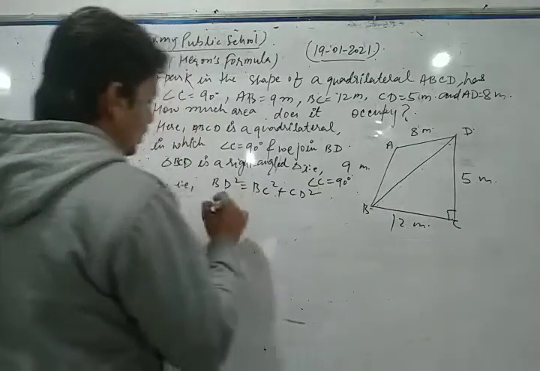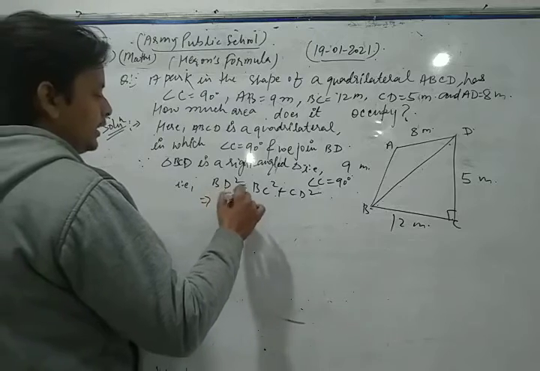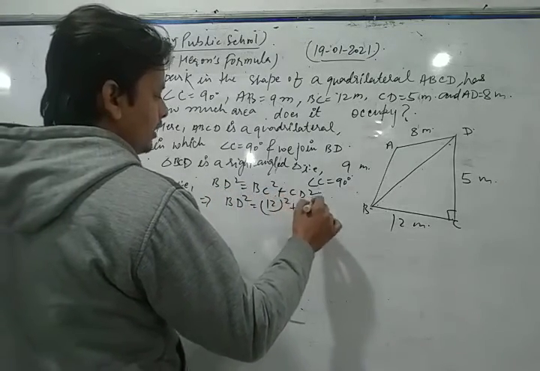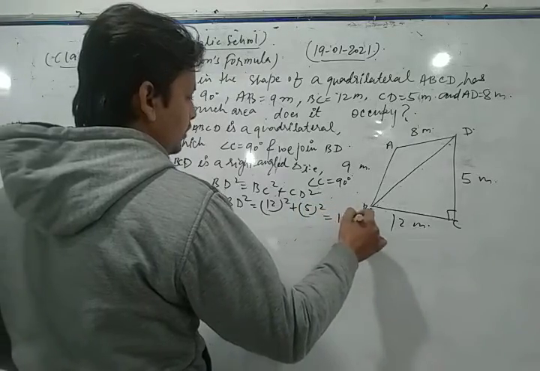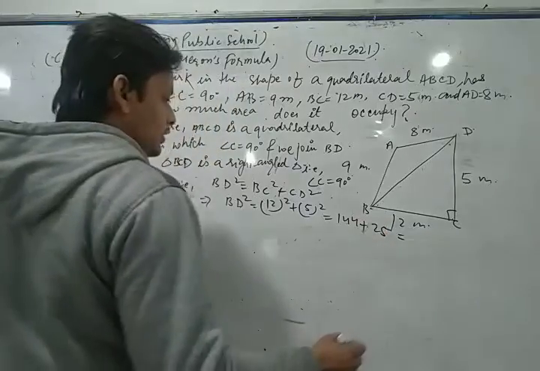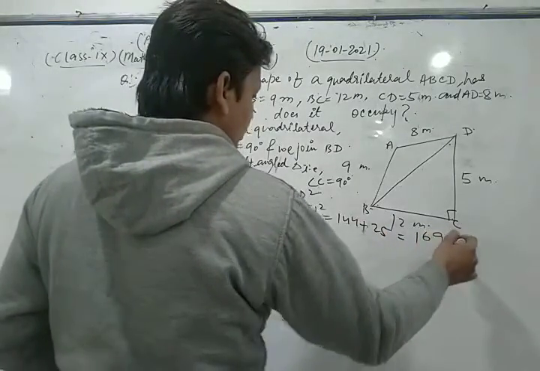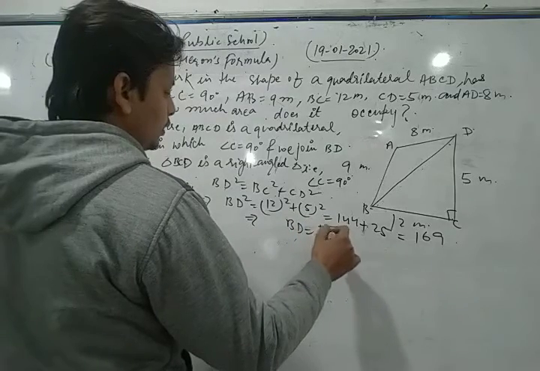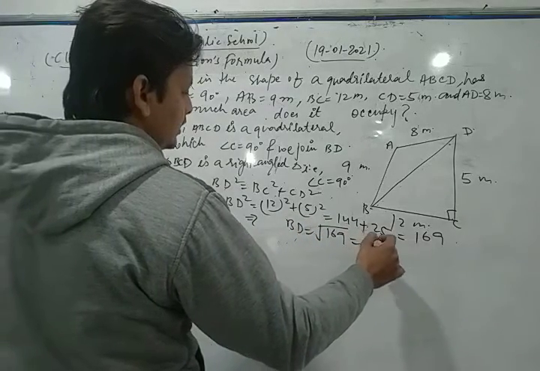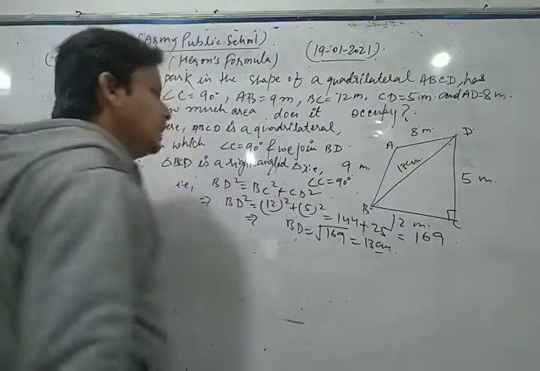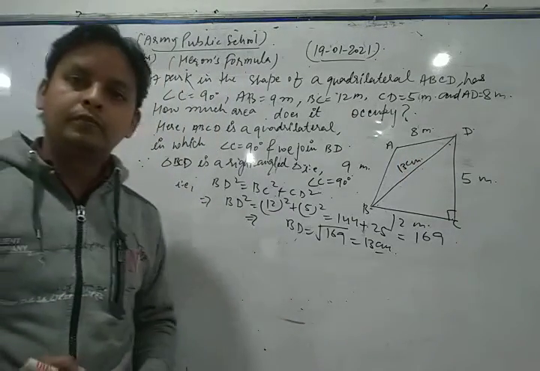BC is 12, so 12 square is 144, plus 5 square is 25, that is 169. So the side BD is the square root of 169, that is 13 centimeter.